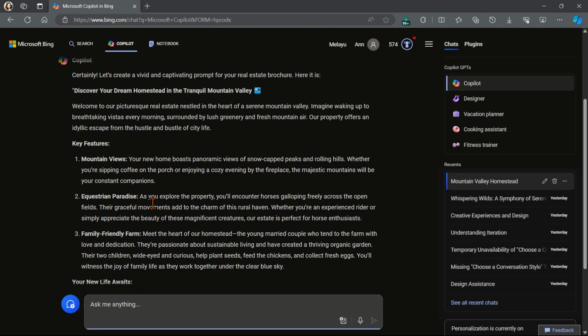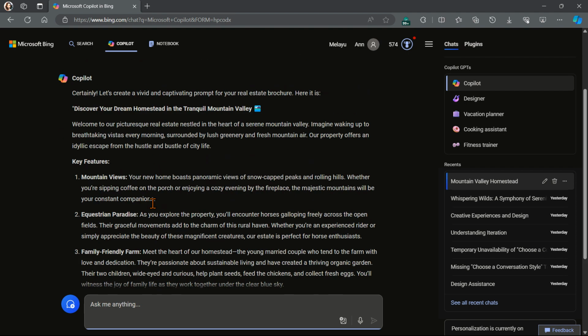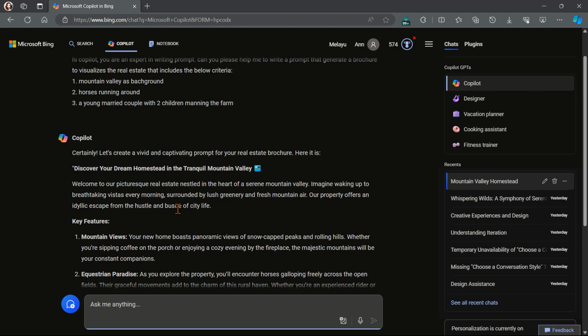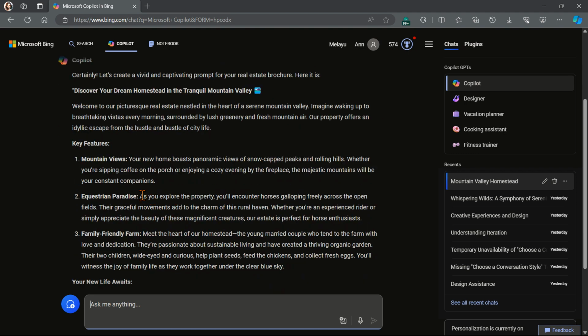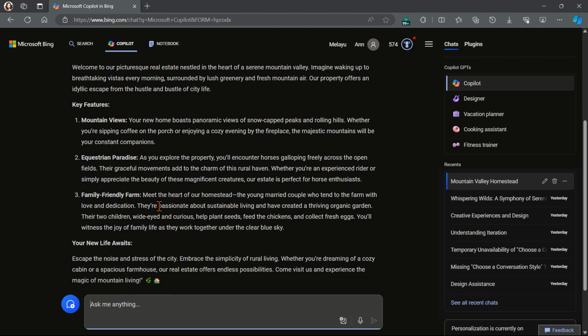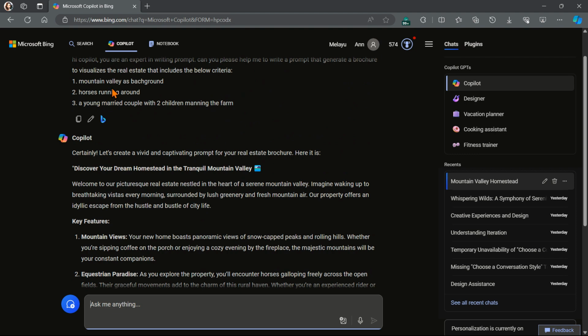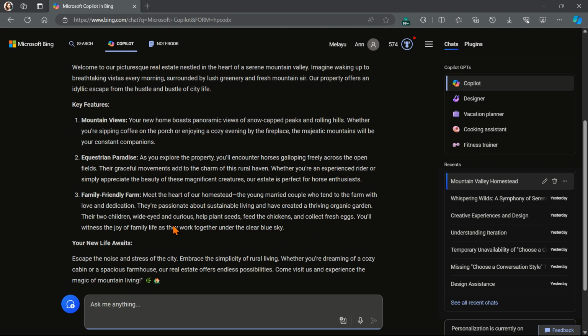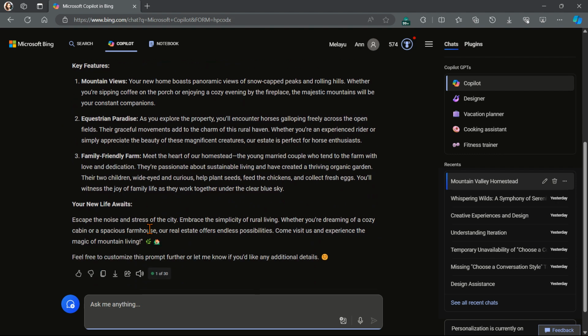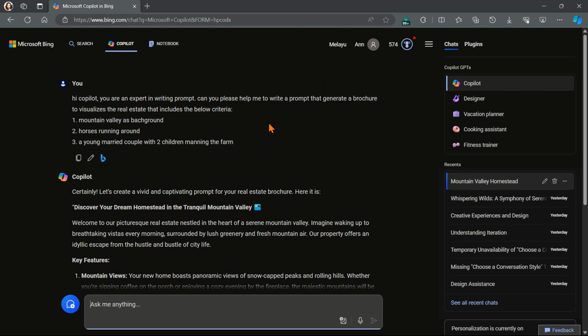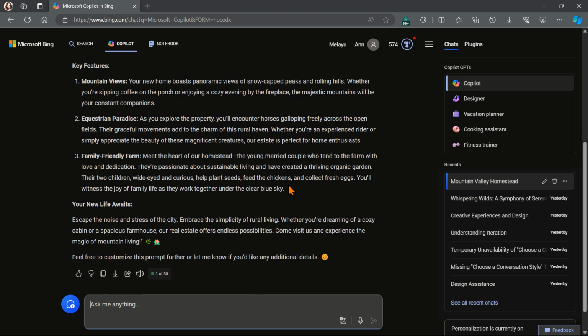And then an equestrian paradise, because I mentioned horses running around. As you explore the property, family-friendly farm. Okay, a family based on this criteria manning the farm. A new life awaits you. So these are the prompts to visualize a brochure of this criteria.